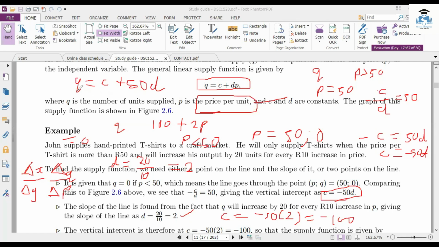But for us to have Q equal to 0, we need something here on C. So that's why we then had to do this: minus C over D is equal to 50, whereby C is equal to minus 50D. Even by merely looking at this, for you to get 0 here, in place of C you must put minus 50D, plus 50D, then you get 0.